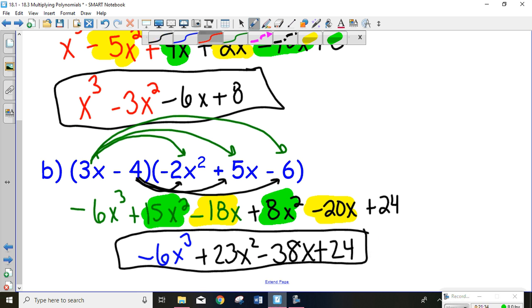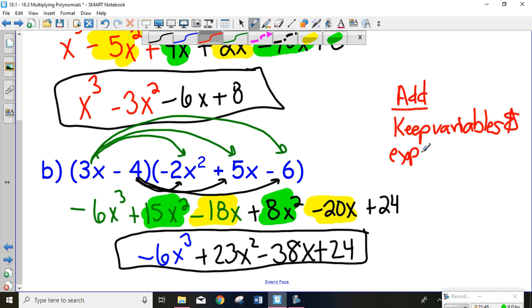So kind of what I was just saying, when we add, we keep variables and exponents the same.